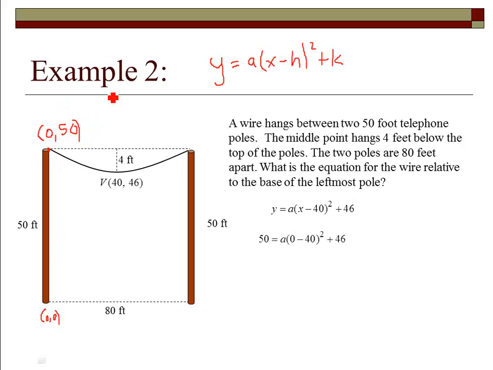I get 50 is equal to a times (0 minus 40) squared plus 46. When I do negative 40 squared, I get 1600. Subtract 46, divide by 1600. You get 4 over 1600, which reduces to 1 over 400. And there's my equation.